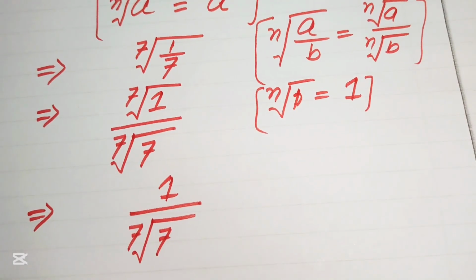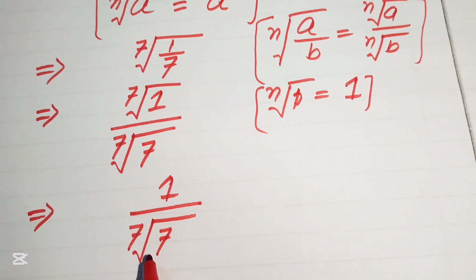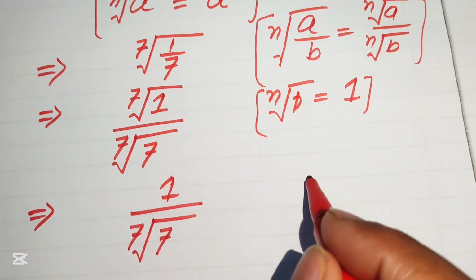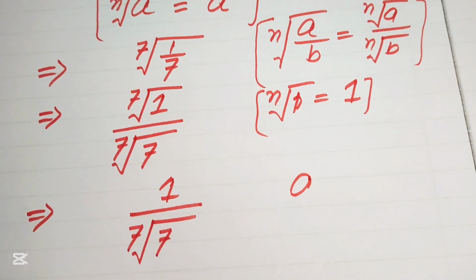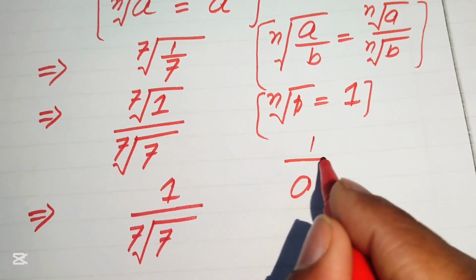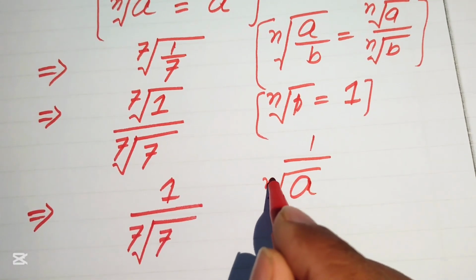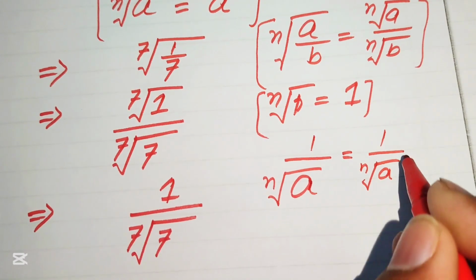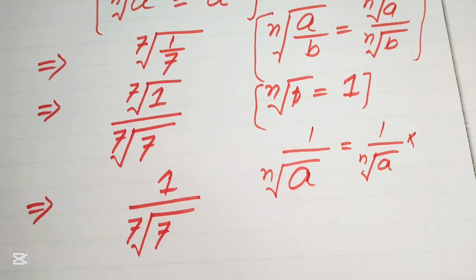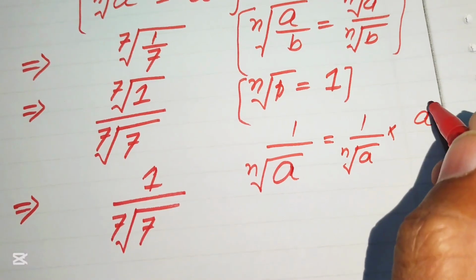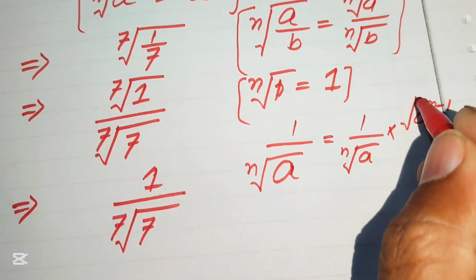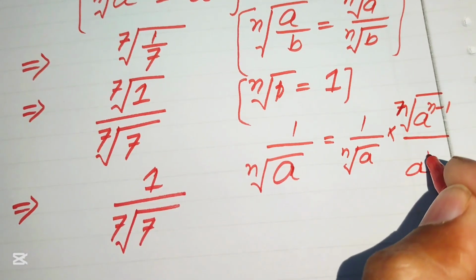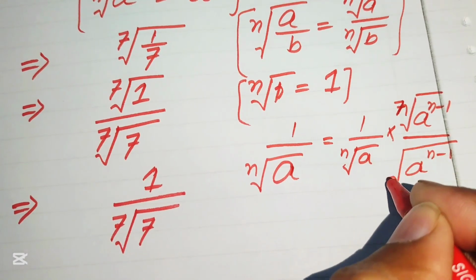Okay, so further you see here we use another radical law. You know that if we have 1 over the nth root of a, we write this expression as 1 over the nth root of a, multiplied by the nth root of a to the power of n minus 1, and divided by the nth root of a to the power of n minus 1.